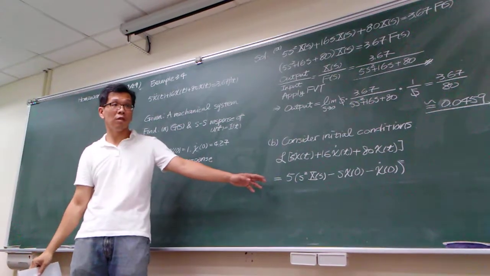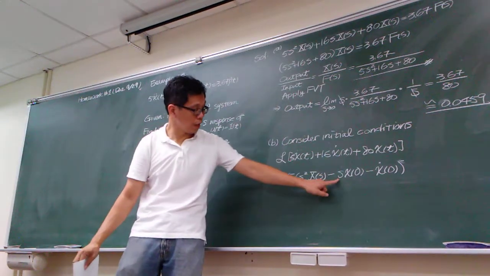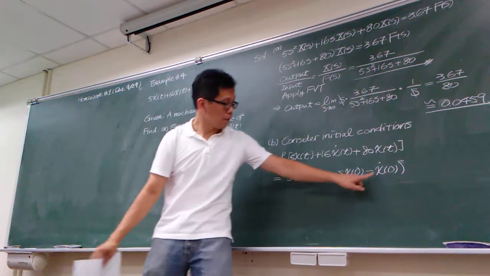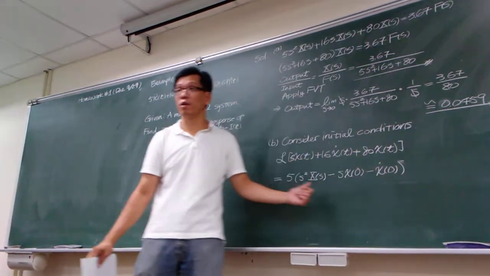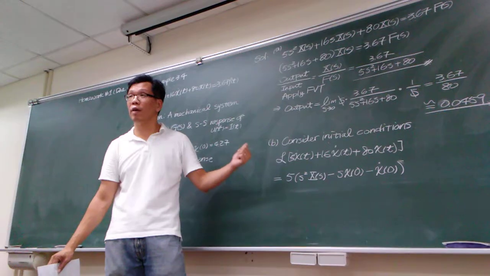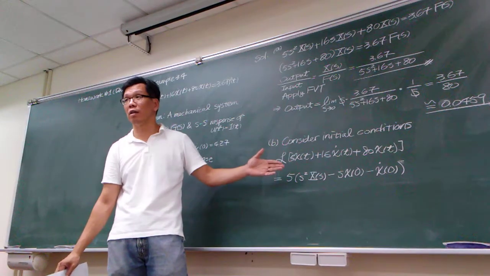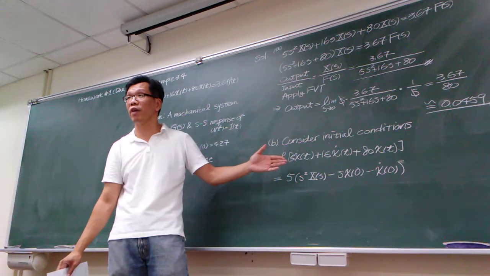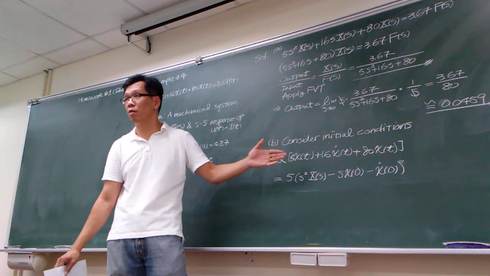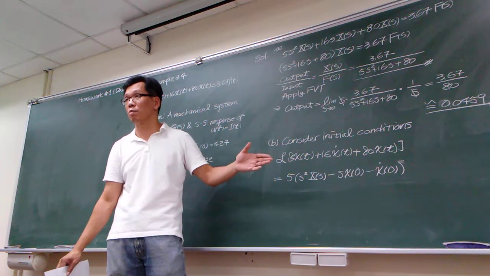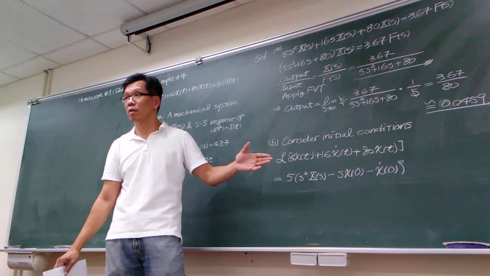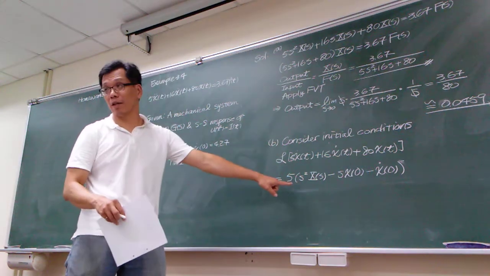Any question? This is the formula, so you need s multiplied by x naught minus x dot naught. This is for the second order system. If you have higher order systems, you can find the formulas in your textbook or in your engineering mathematics textbook. Okay, this is for the second order.